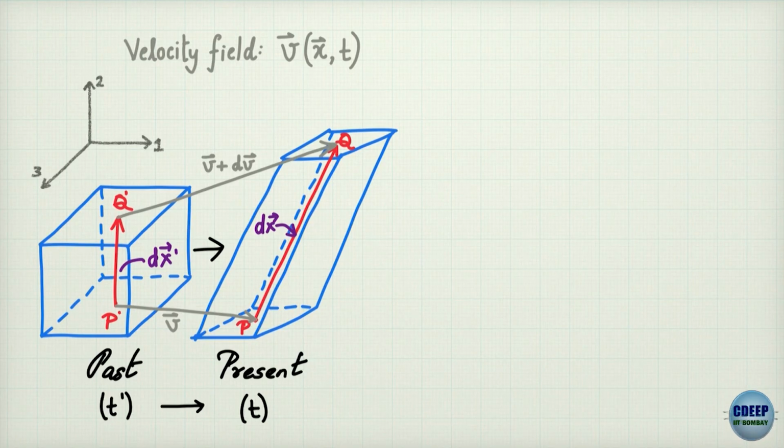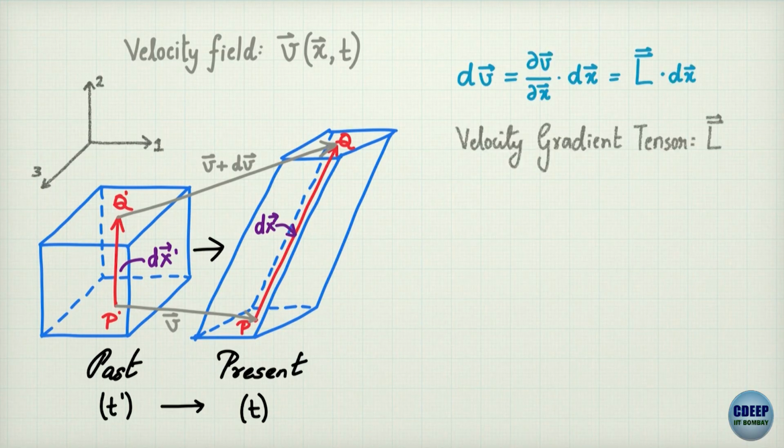So the displacement from P dash to P occurred with a velocity v, and the displacement from Q dash to Q occurred with a velocity v plus dv, right. And so the difference in those velocities dv is what we are interested in. And that difference in velocity occurs over a distance dx, and that allows us to define what we have already seen, the velocity gradient tensor, right.